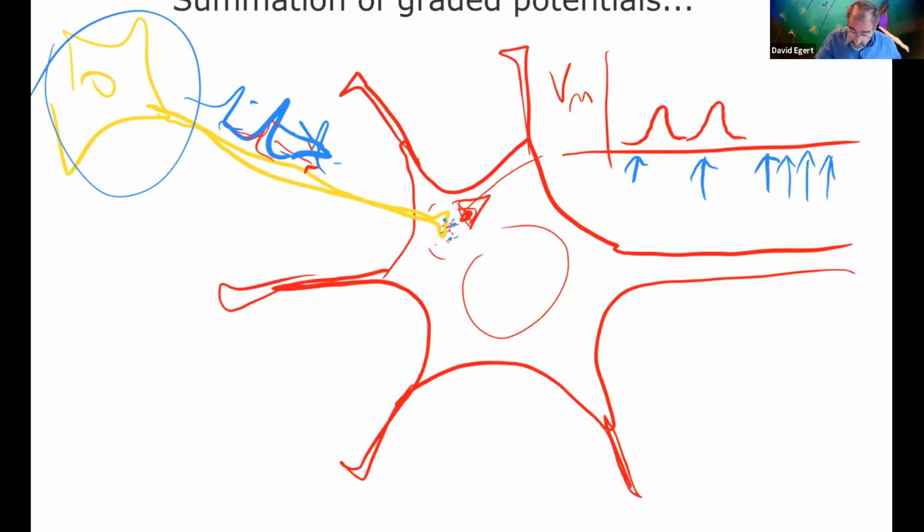What happens is the voltage goes up, but before it has a chance to drop back down, even more sodium comes in and it gets even more positive, and they're still open because we're still sending more messages down and leaving these receptors bound and keeping the ion channels open. So we can actually get a much larger voltage increase than we would have from a single thing. This is called temporal summation, if this is happening.